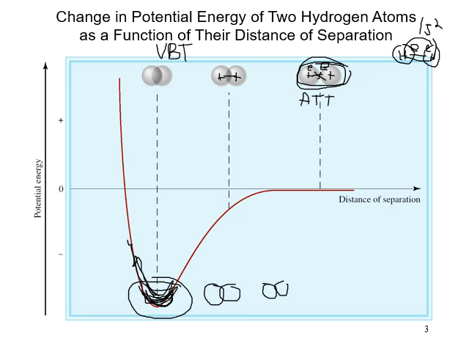Somehow, if I tried to squish these together, we would get repulsion between the two nuclei, and you would see an extreme increase in energy, and they would fly apart. So for a diatomic molecule to exist, there has to be a well here that it can exist in.